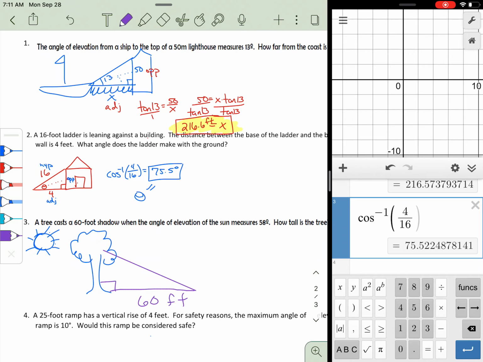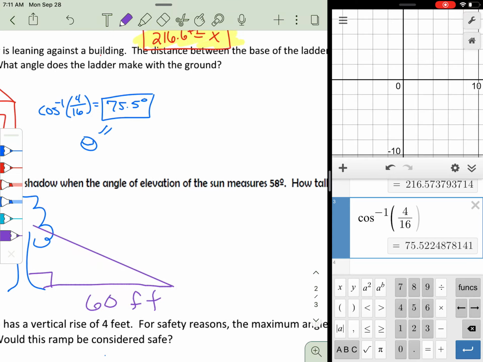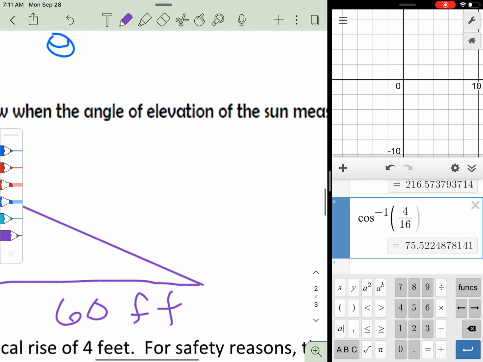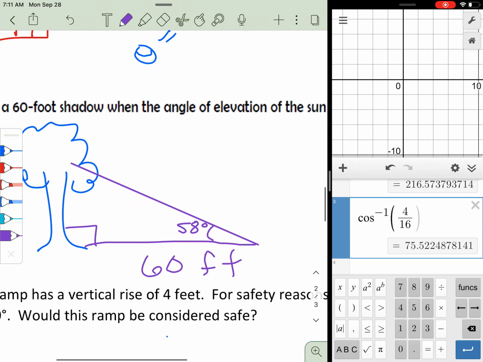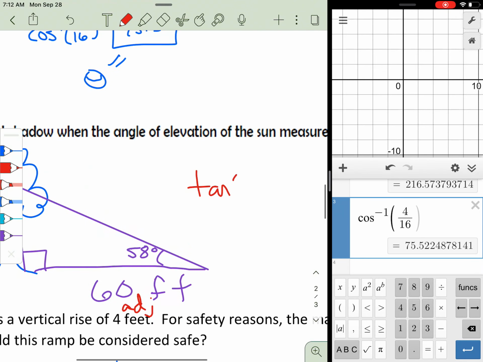So there's your right angle. And then the angle of elevation is 58 degrees. Okay, how tall is the tree? So it wants to know what is this. All right, so that's going to be opposite. And this is adjacent. So this is tangent.